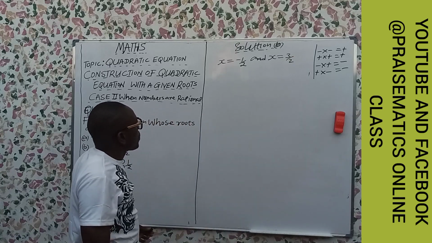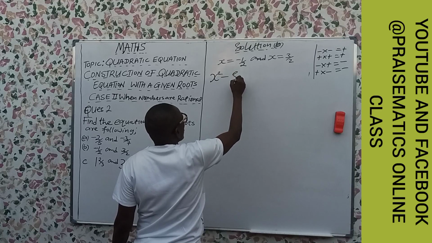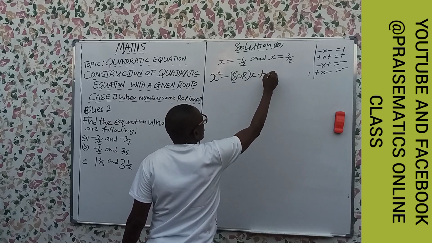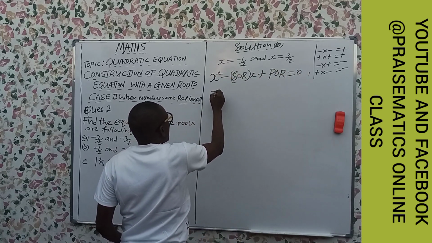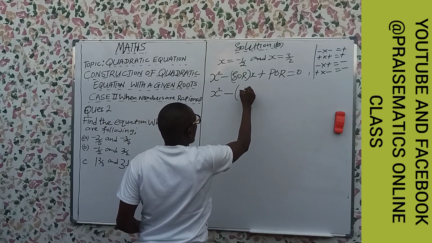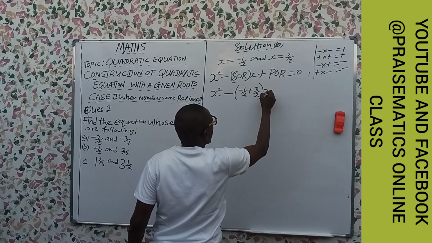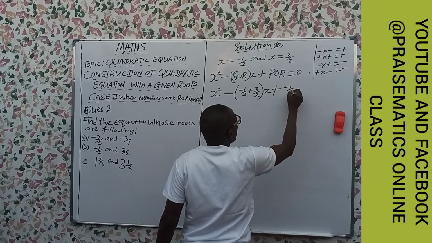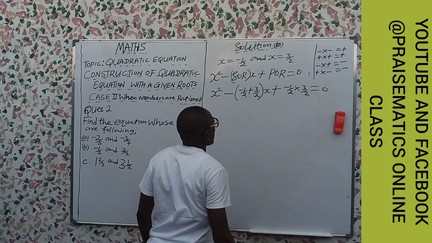Now using the formula x squared minus (sum of roots) x plus (product of roots) equal to 0. We have x squared minus (minus 1 over 2 plus 3 over 2) x plus (minus 1 over 2 multiplied by 3 over 2) all equal to 0.